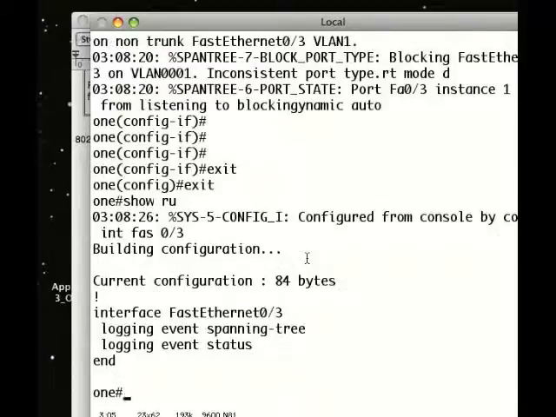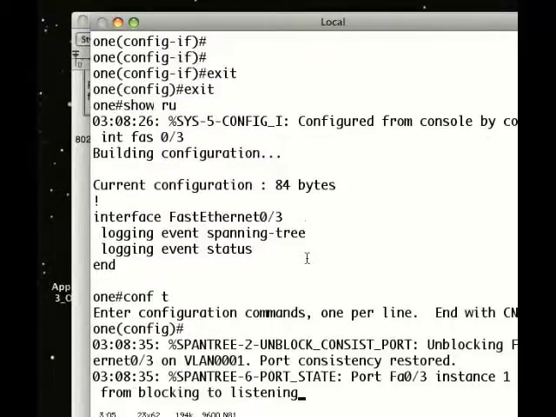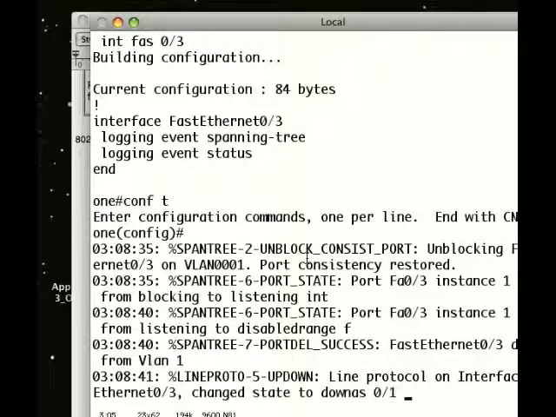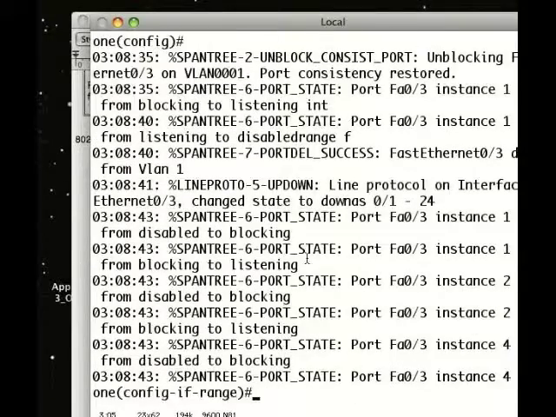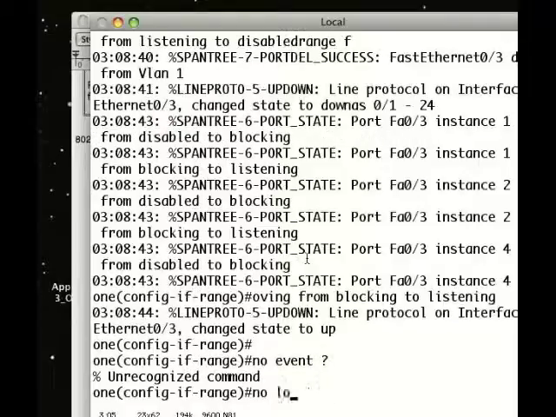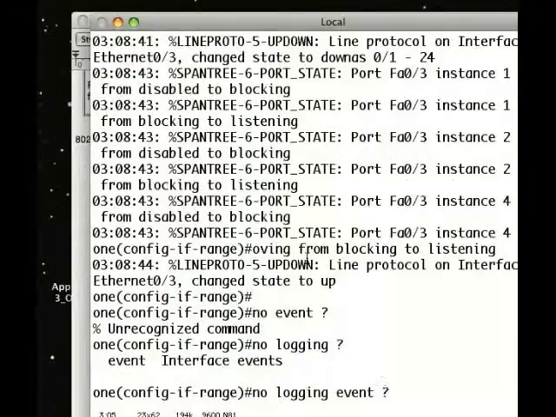We're getting too much spanning tree log messages coming out this way. So int range fast 0/1 to 24. No logging event spanning-tree.